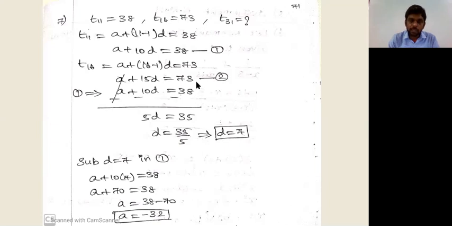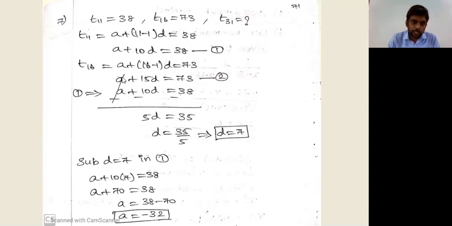Now we are going to subtract these equations, subtracting the first equation from the second one. For that, the first step is to change the signs of the second equation, which means if it is positive, we'll change it into negative. If it is negative, we'll change it into positive. As of now, everything is positive, so I'm changing everything into negative here, putting the sign just below the variables.